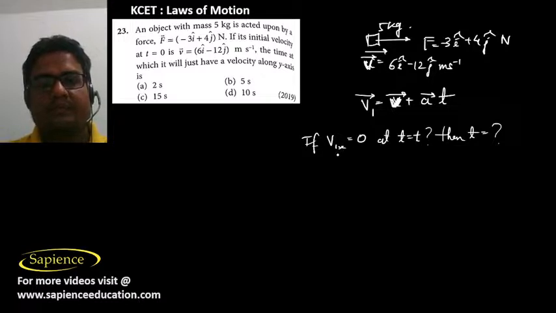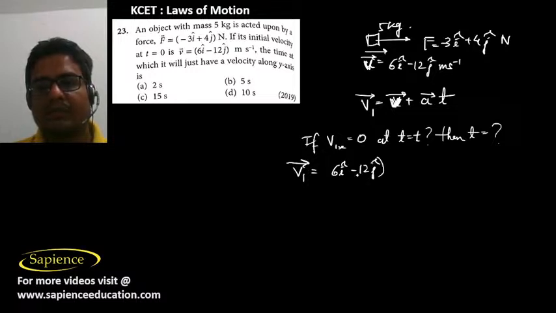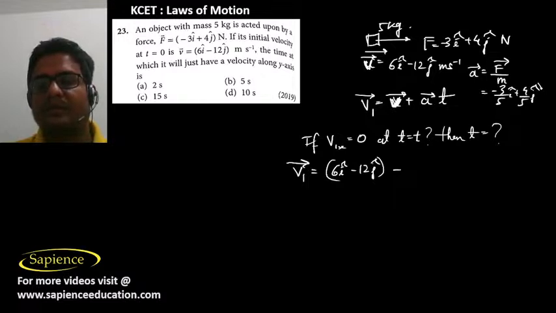Okay, so v1 vector is equal to 6 i cap minus 12 j cap plus a t. Acceleration is equal to F vector by m, so the acceleration vector will be minus 3 by 5 i cap plus 4 by 5 j cap, this much meter per second square, or Newton per kg.